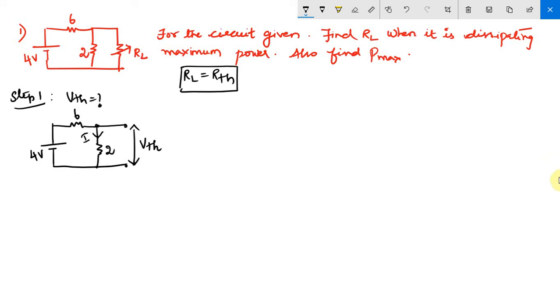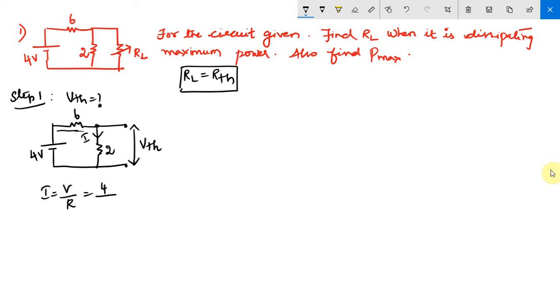So find out the current through this 2 ohm resistor by using simple Ohm's law in the loop. I is equal to V divided by R. Here V is 4 and R is 6 plus 2, because since it is left open, whatever current flows through your 6 ohm will flow through your 2 ohm, as there is no parallel path.